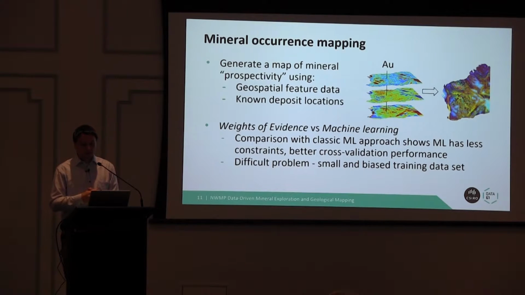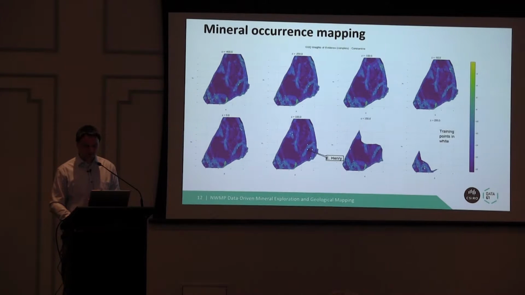It's basically based on comparing the location of known mineralization with the underlying covariate data and trying to predict where similar locations in the area exist. Now we try to compare it with a machine learning method called logistic regression, and had a look at how these two methods actually differ.